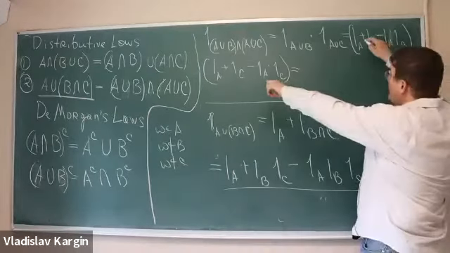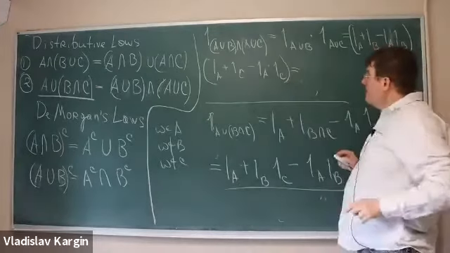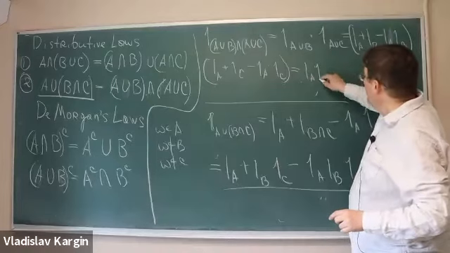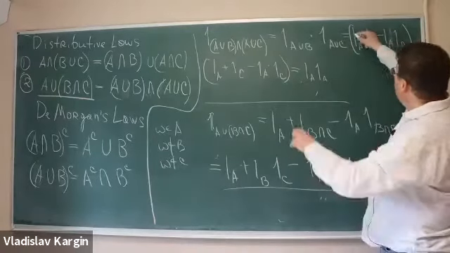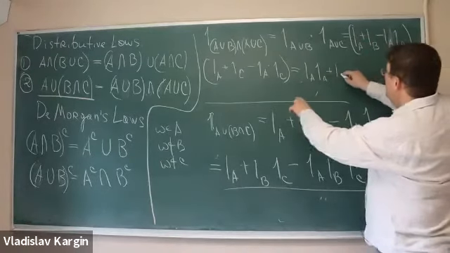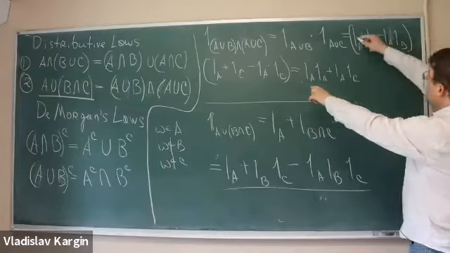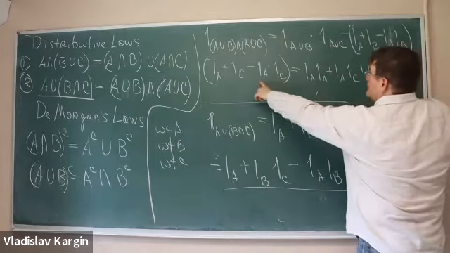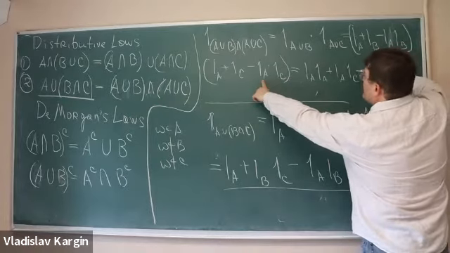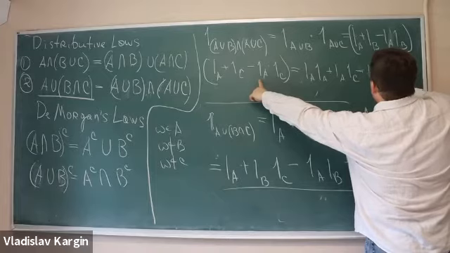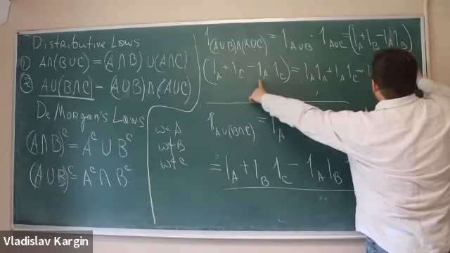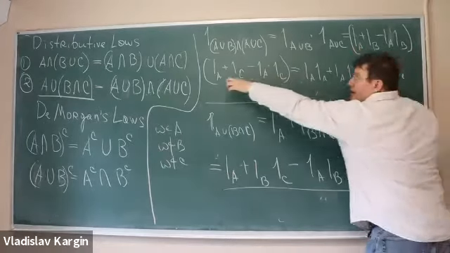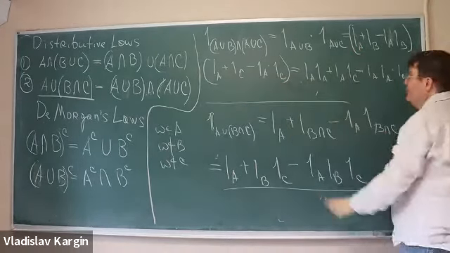Okay, so now multiplication. 1A, and 1A, 1C plus 1A, minus 1A multiplied by 1A multiplied by 1C. So this is multiplying 1A by this thing and using the distributive law.